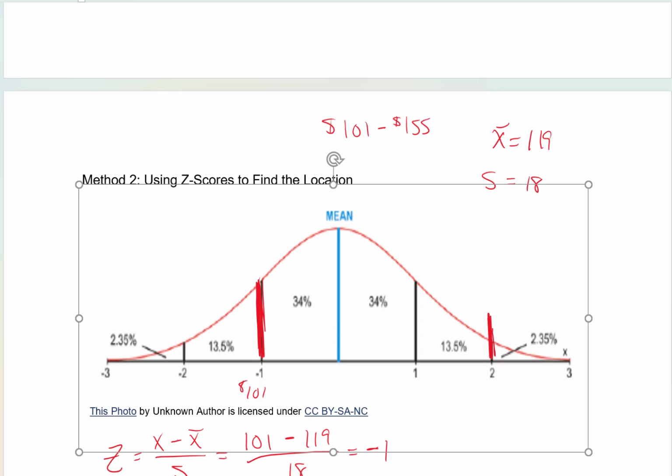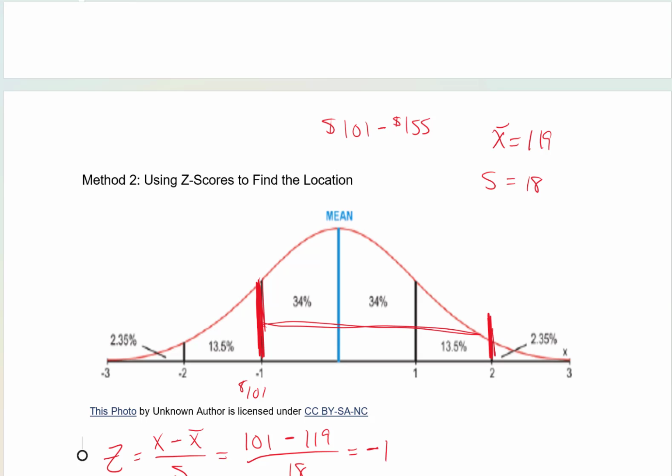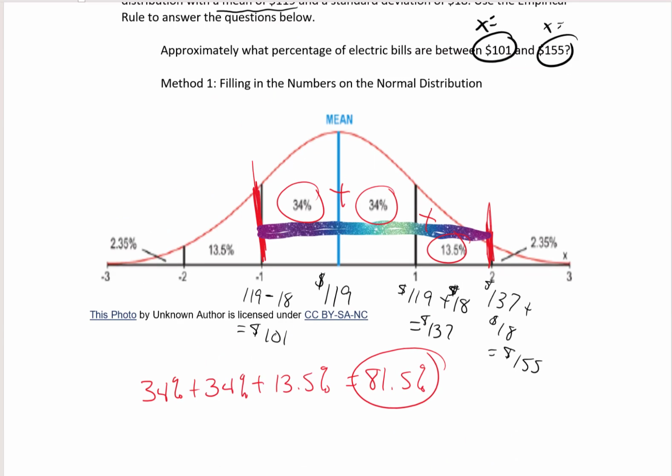Then you just add up those percentages in between, and you should again get 81.5% because we're looking at the same region. The only difference between these two methods is how you figure out where those data values lie on your normal distribution.